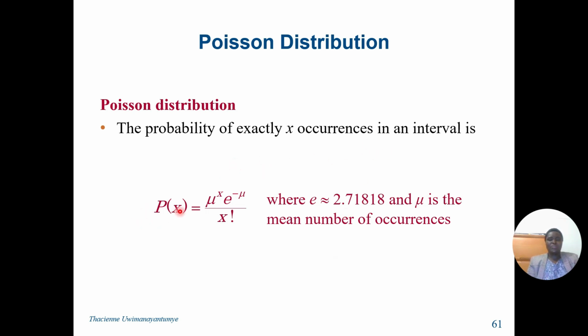The probability of having an event x will be equal to mu power x times e power minus mu over x factorial. And what is mu and what is e? e is this famous Euler number, which is approximately equal to 2.71818, and mu is the mean number of occurrences in that interval or in that volume or in that area, depending on what event we are talking about.